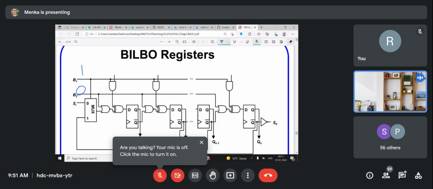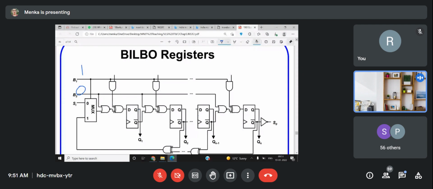So if this is 0, it means everywhere this is 0. As I told you earlier, this q bar will be reflected as q. This is 1, so whatever you were having over here, the opposite of that will appear over here. What exactly was here? Just have a look at this.